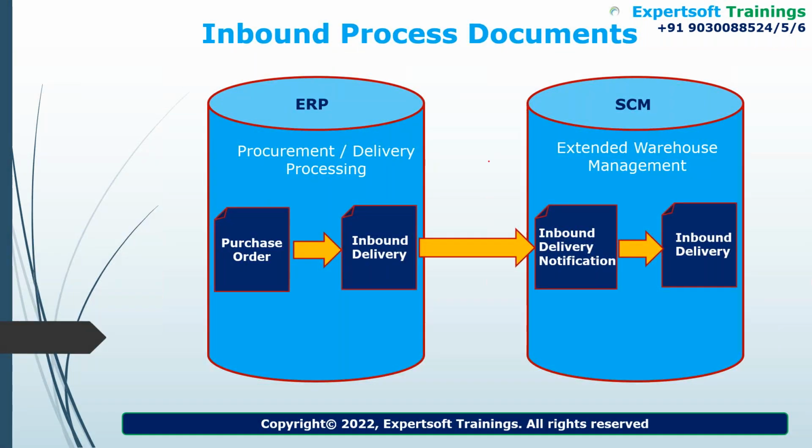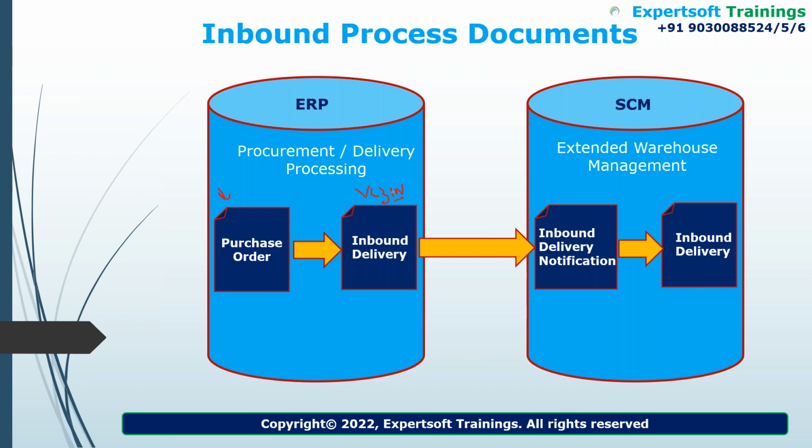Okay, so this leads to the inbound process. What does the inbound process look like when you have activated the EWM system? You will create a purchase order as usual, with ME21, and that will get converted into your inbound delivery via transaction code VL31.